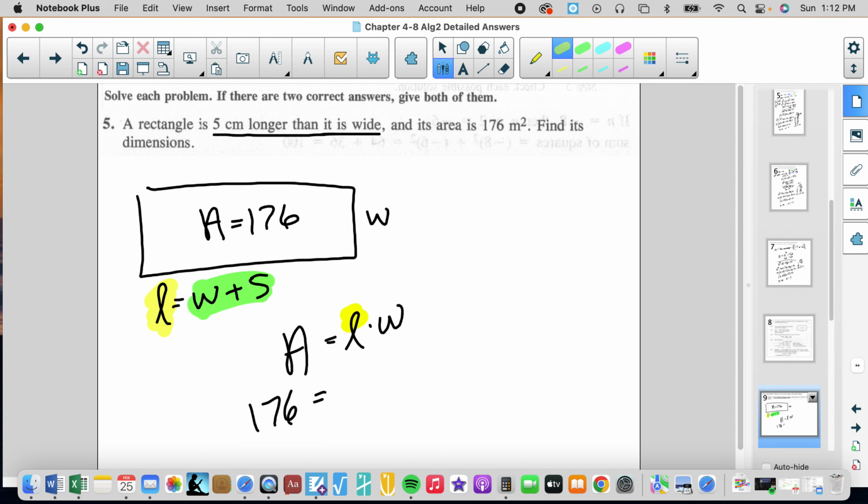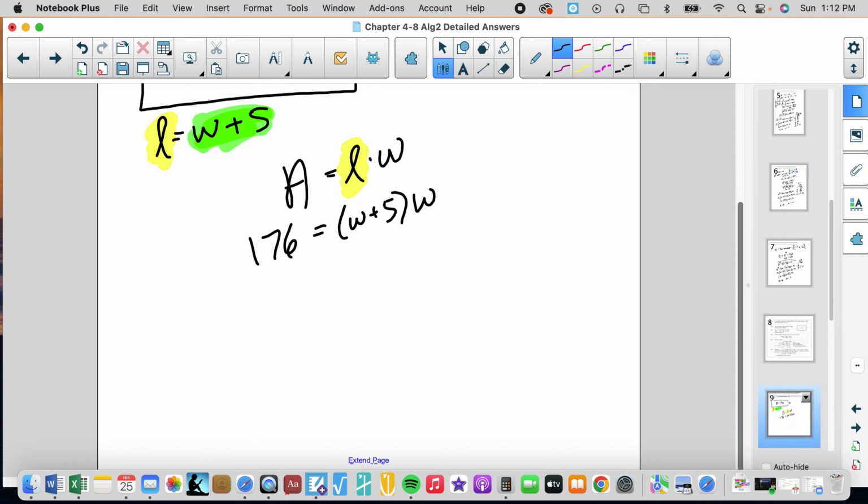So where we see L, we're going to substitute W plus 5. So we'll say quantity W plus 5 times the width. We love that. We have one variable. We are going to distribute because we got to set it equal to 0. So you're going to simplify first, then set it equal to 0.